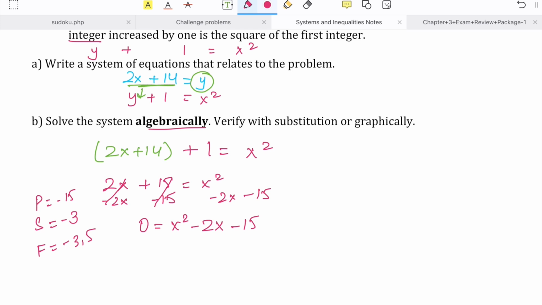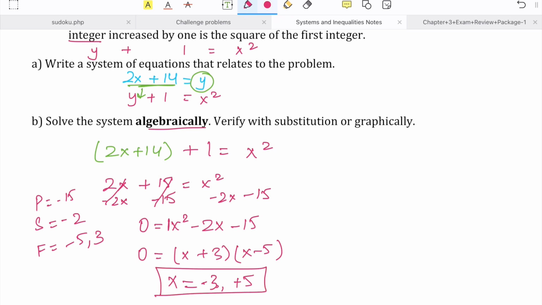Because we have coefficient of 1, it will just be x minus... your sum is negative 2, so it has to be negative 5 comma 3. So it'll be x plus 3 and x minus 5, which will give you x is equal to negative 3 and positive 5.